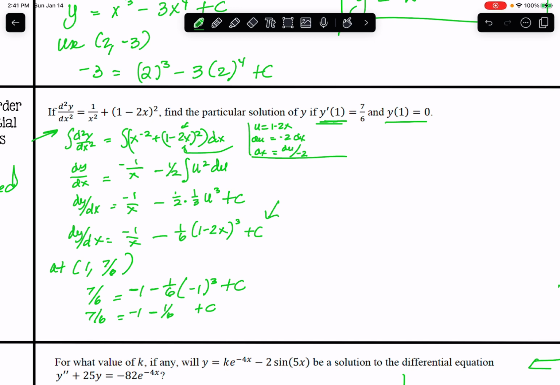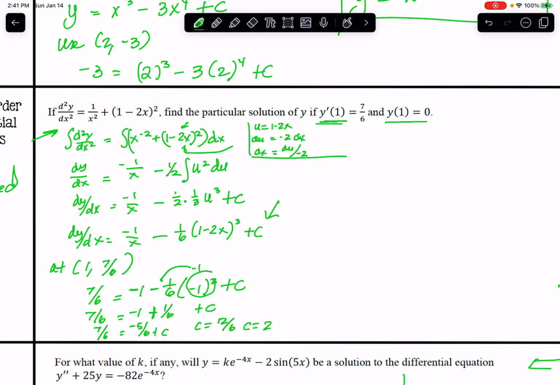Hang on a minute, this right here would be a negative 1, right? And if I have a negative times a negative, that becomes a positive. So I get 7/6 equals negative 5/6 plus c. So c is 12 over 6, or 2.